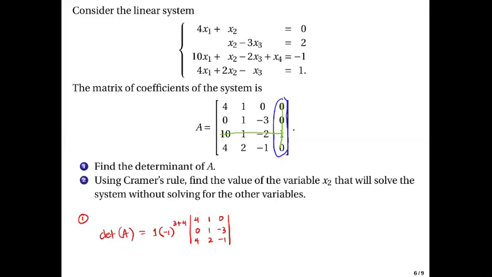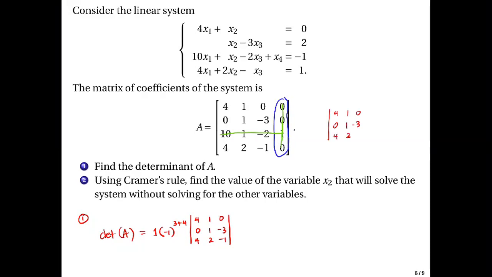So let's do that. I have 4, 1, 0, 0, 1, negative 3, 4, 2, negative 1, and augment the first two columns, 4, 0, 4, 1, 1, 2.